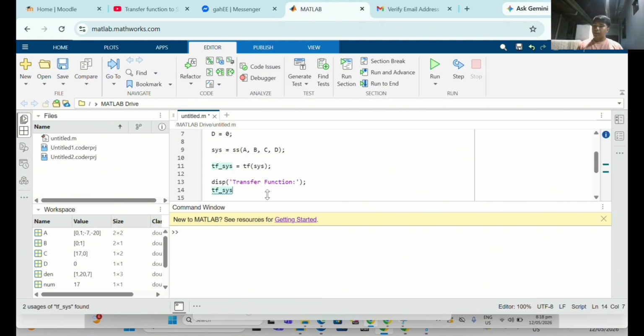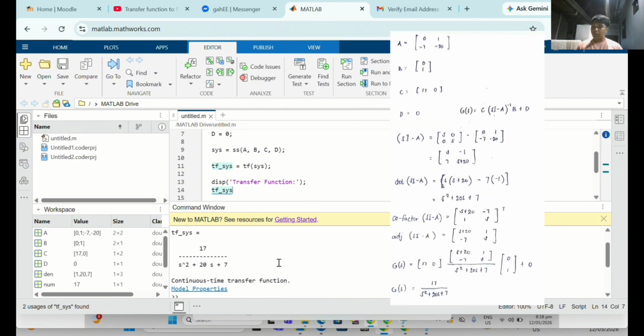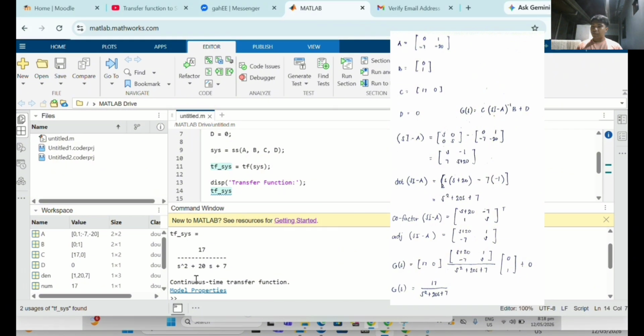Then let's try to run this code. So the answer of our code in MATLAB is 17 over s squared plus 20s plus 7. So we can see that they are the same as our answer earlier in our solving.